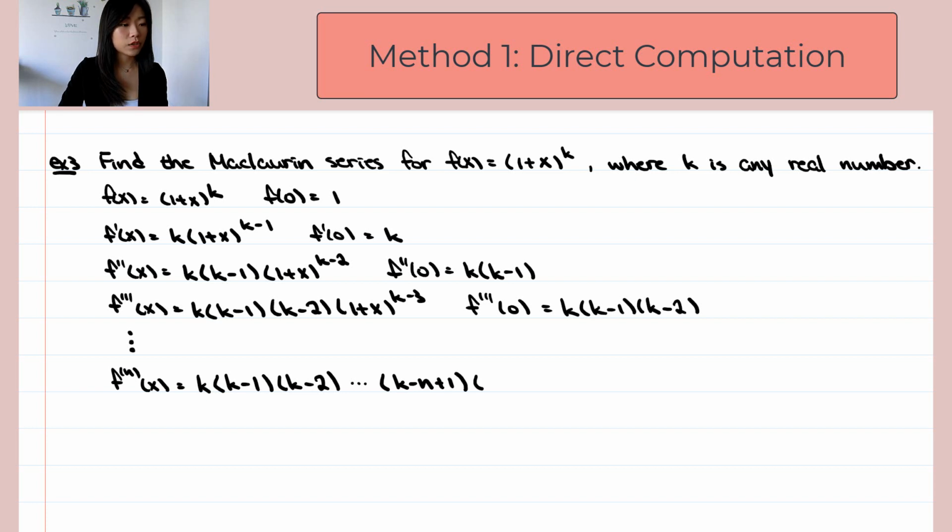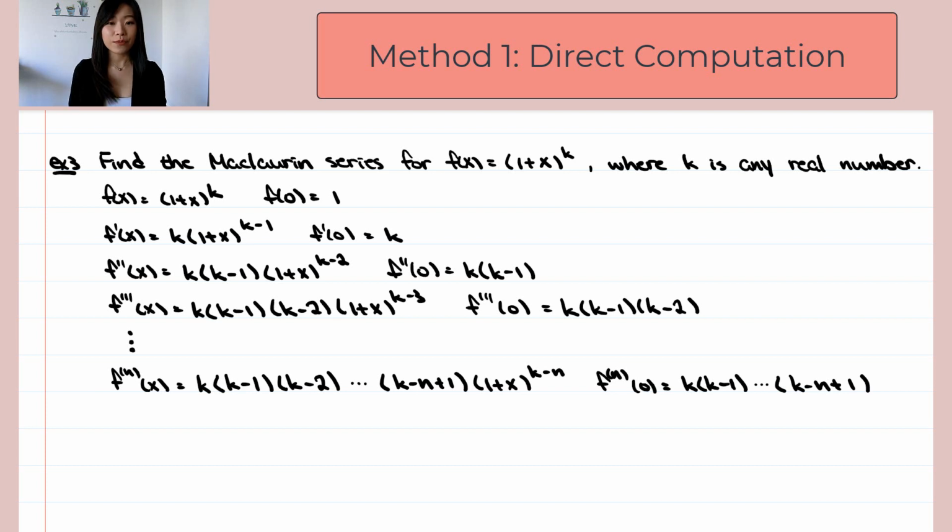And the exponent on 1 plus x is now k minus n. So if we substitute 0 into the nth derivative, we will get the constants in front, which is k times k minus 1 until k minus n plus 1.